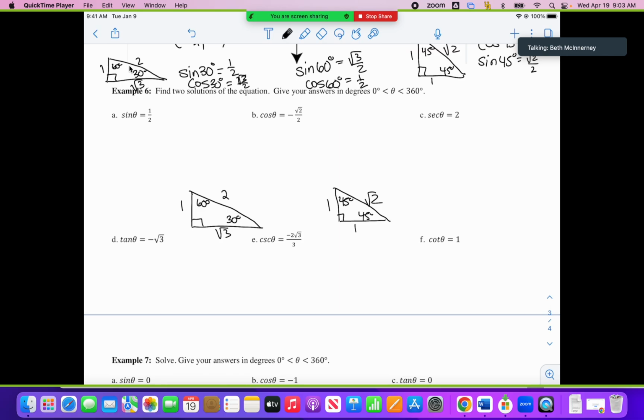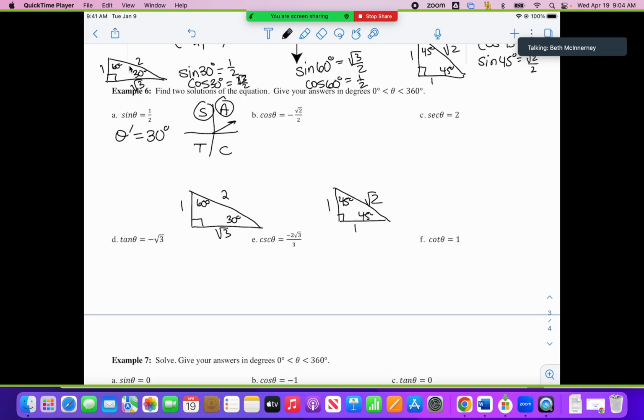Okay, so now here's the deal. I'm going to start with my reference angle. So we're going to write down theta prime equals 30 degrees. Then you do all students take calculus. So Cal, in what two quadrants is sine positive? 1 and 2.